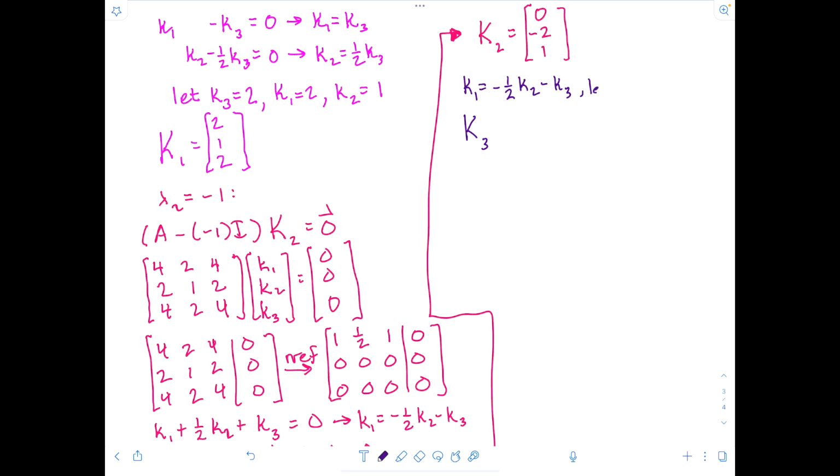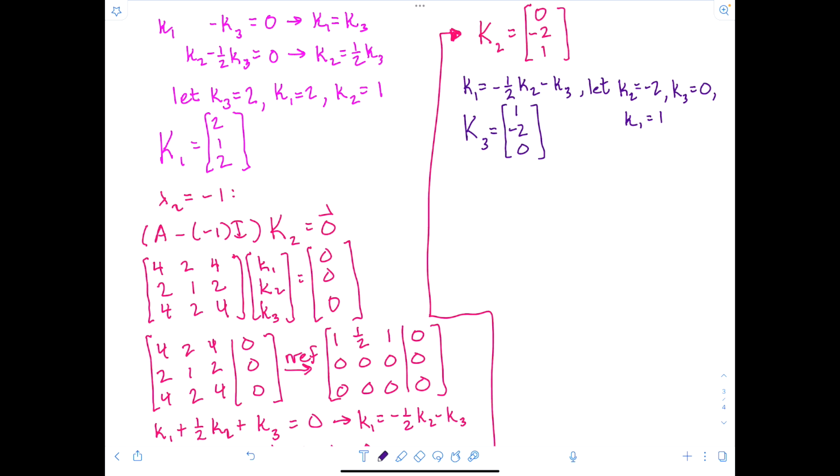So K2 could equal negative 2 again, and I'll just let K3 equal 0. And if that happens, then K1 will equal 1. So the other eigenvector will be 1, negative 2, 0. Cool, cool?